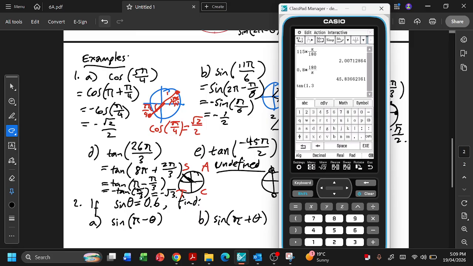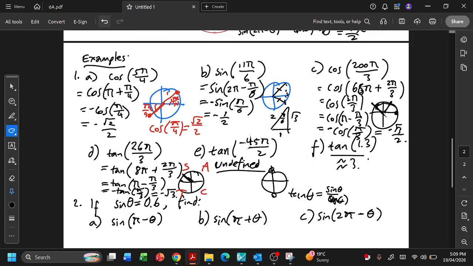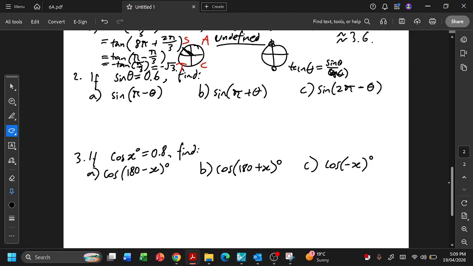So in this case, there are no units given to us in this question, so we just assume that it's in radians. So we need to make sure that our calculator says radians right there. Hit execute, and it says that's approximately equal to 3.6. So 3.6 is what that ratio is. All right, beautiful. Let's move on.